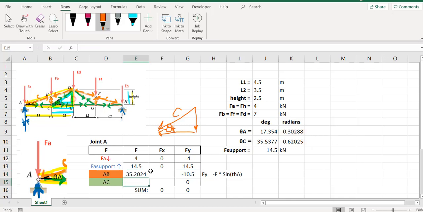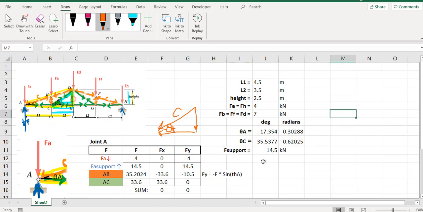And then once we have our total force, then we can say Fx is equal to negative, it's going to the left, and that's going to be the adjacent side, so you'll be cosine of this angle. Okay, so that means that AC has to balance the rest. So AC is going to be the negative of what's happening on the compression. Okay, so now we have everything that's happening on this first joint A.